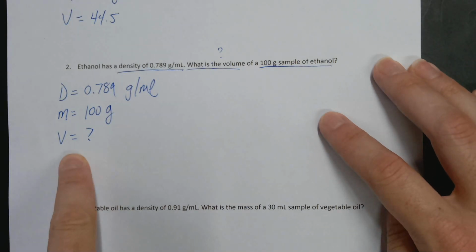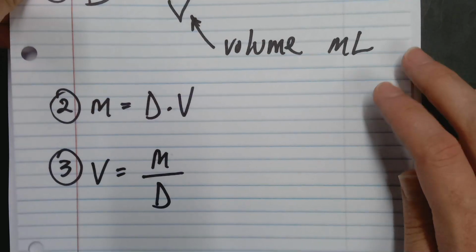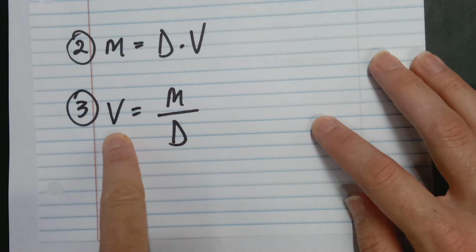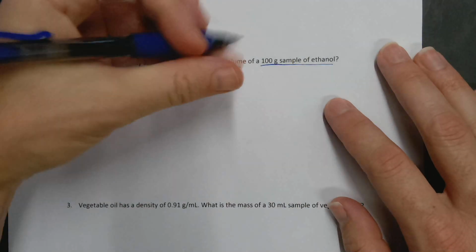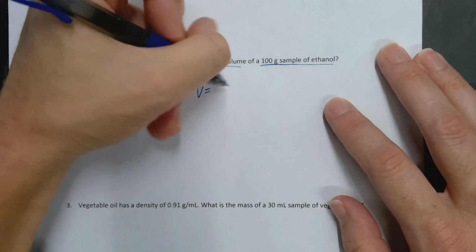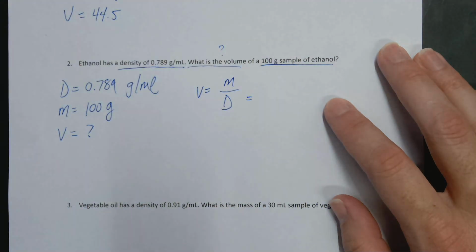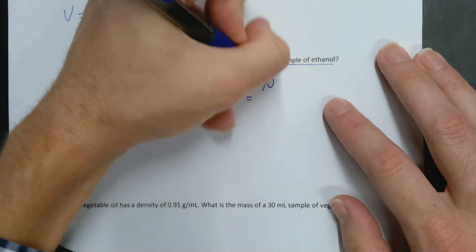Because we don't know the volume, I have to choose which equation I'm going to use. I'm going to go with the one that says V equals, because then we're solving for the volume. So I'm going to write the equation, V equals mass divided by density, and then I'm going to plug in what we know. I know that the mass is 100.